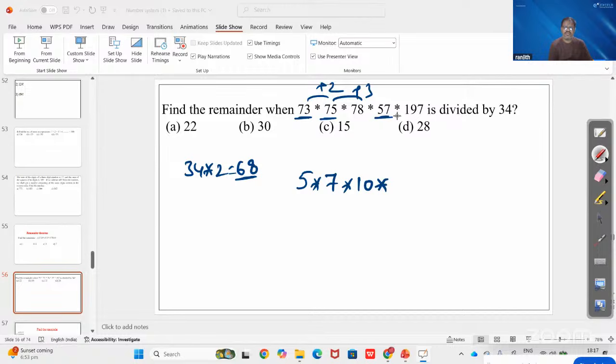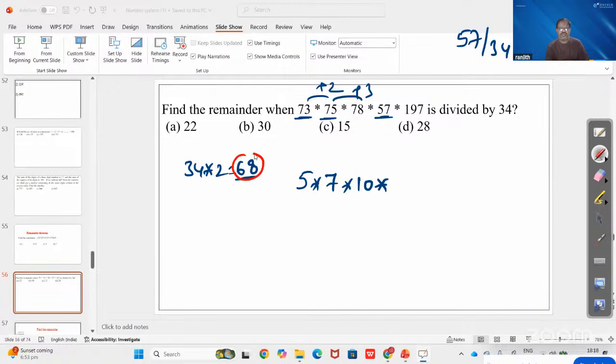And when we divide 57 divided by 34, I am getting remainder is 23. If I write 23 as the remainder here, multiplication will be huge. So instead of writing positive 23, we'll go with the negative number. 34 twos are 68, but is given 57.